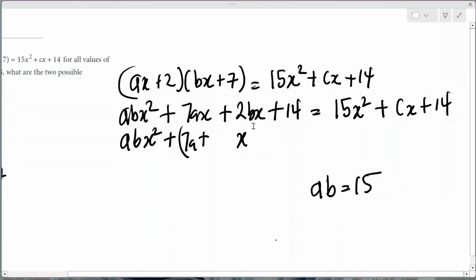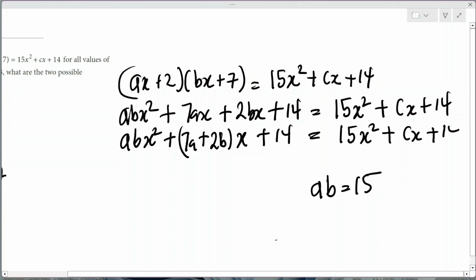If you take out this x from this 2bx, you'll be left with 2b. So you have 2b close bracket. Then you have your x outside. If you multiply this x by both of them, you get back 7ax plus 2bx. We have plus 14, that's this 14 equals 15x² + cx + 14.